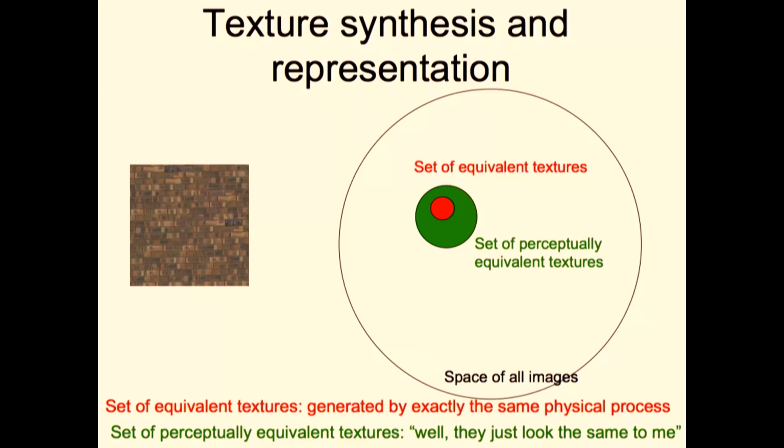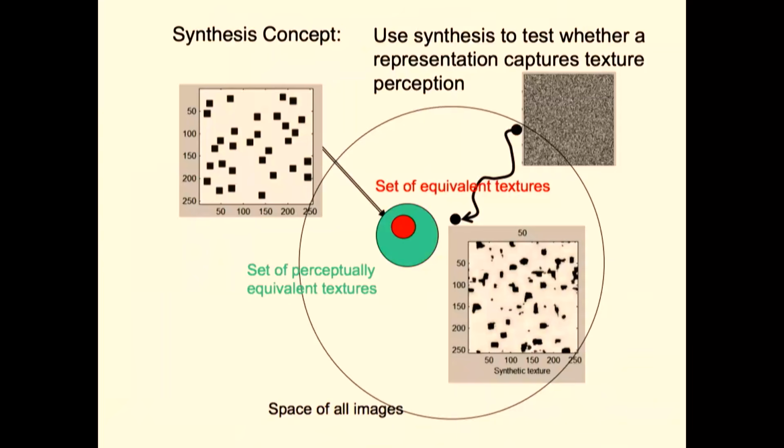But if we're really interested in how textures look, then what really matters is whether textures are perceptually equivalent, so whether they'll look the same to a human observer. And so the game we're going to play is to synthesize images that have the same values of some candidate representation, one that embodies a theory of what is represented in your head when you look at a texture.